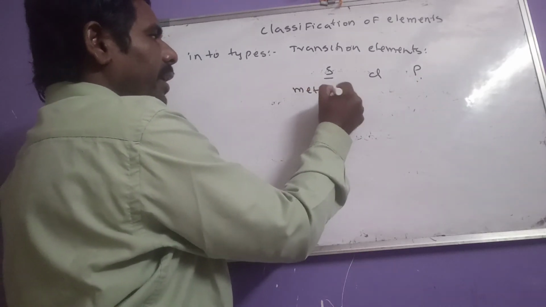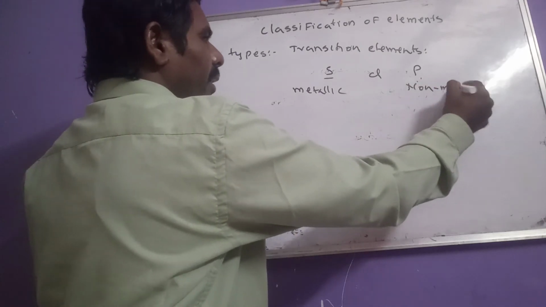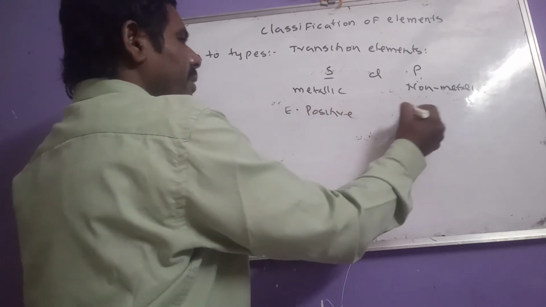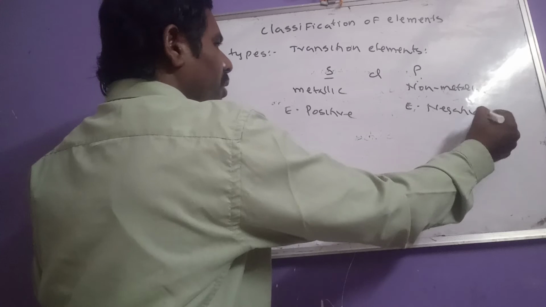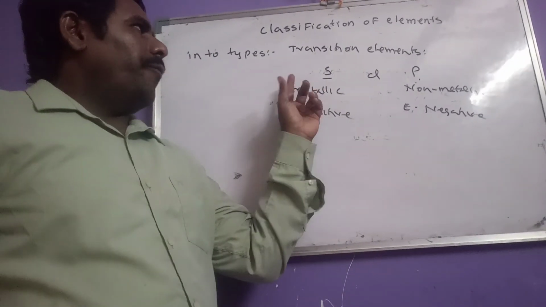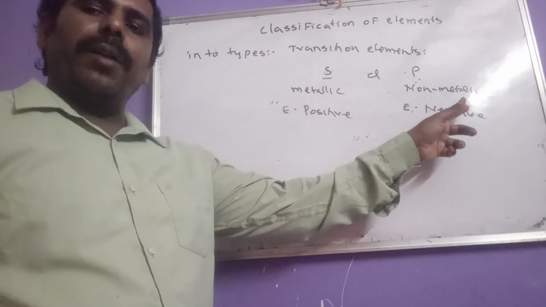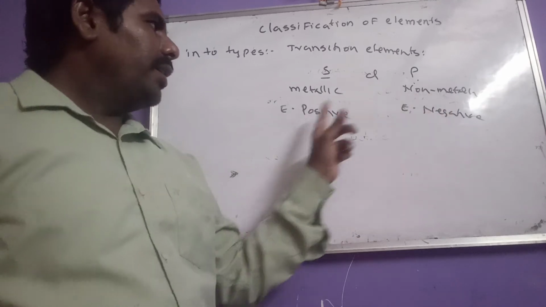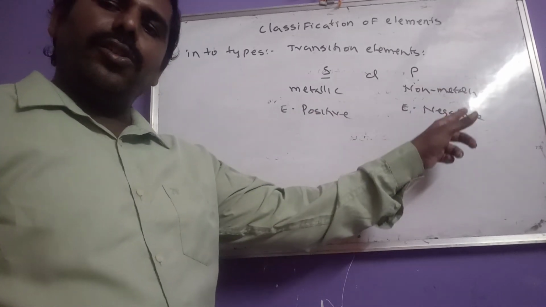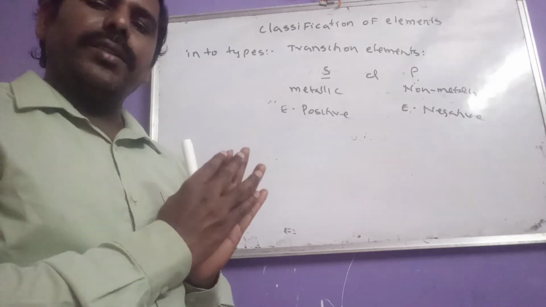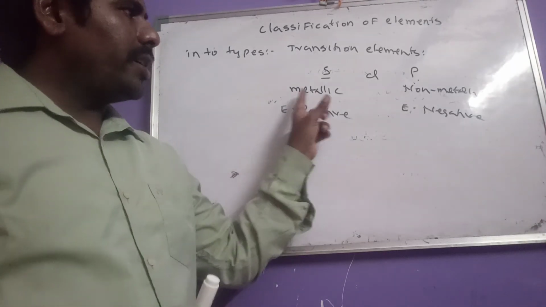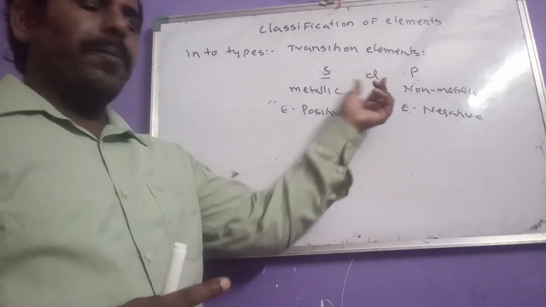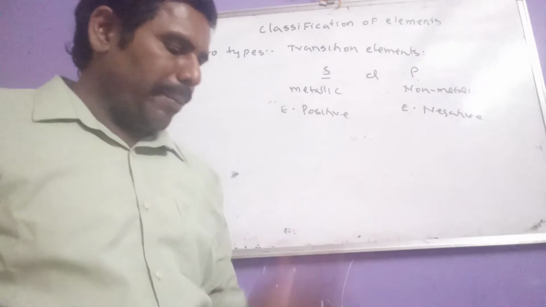As we move from s block to p block, metallic nature changes into non-metallic nature, and electropositive character changes into electronegative character. Transition means change. The change in property is observed through d block elements, so that's why d block elements are called transition elements.